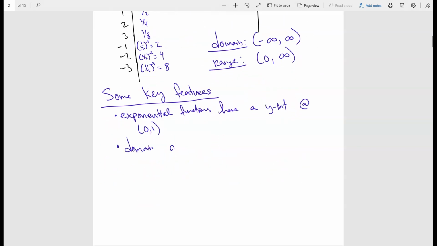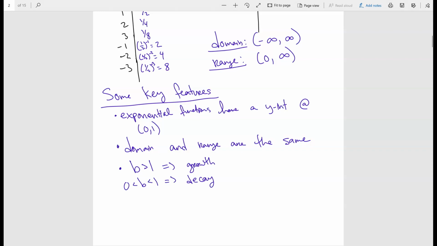Domain and range are the same regardless of whether you have exponential growth or decay. If your base is greater than 1, you experience growth. And if your b is a number between 0 and 1, you experience decay. So think about it as a fraction that's between 0 and 1. You're going to experience this exponential decay.